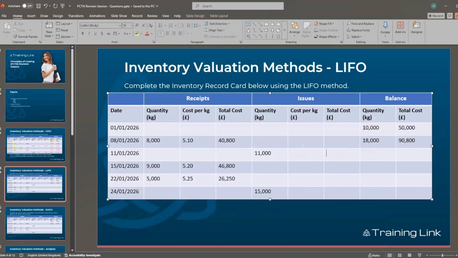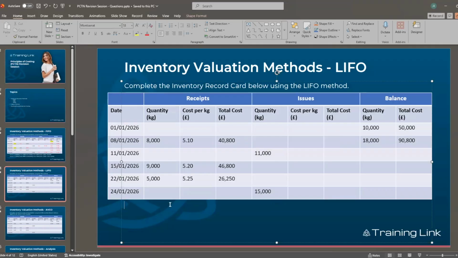So this time when we get to LIFO and we've got this 11,000 kilogram issue, we're going to take that from the latest stock and then work our way up the record card. So we're always doing this from the point of where we're at.